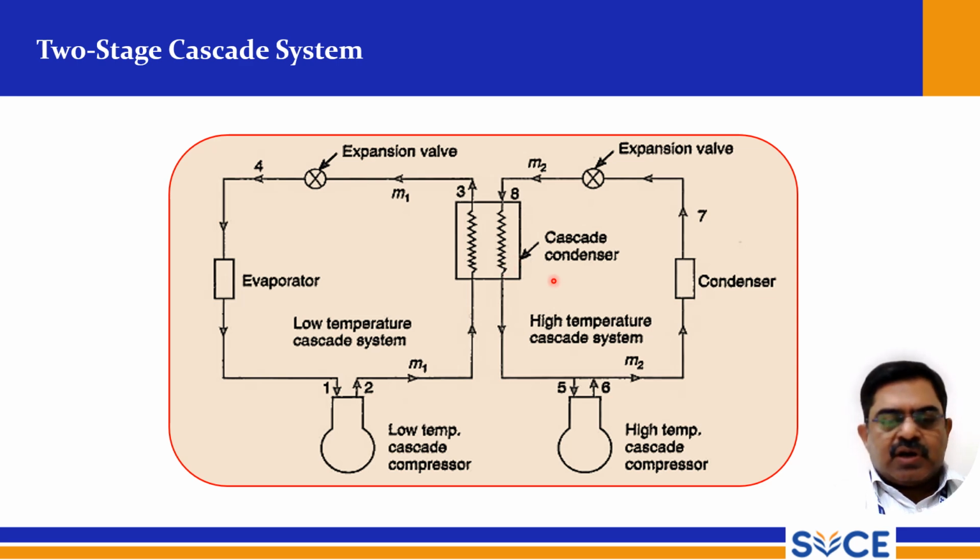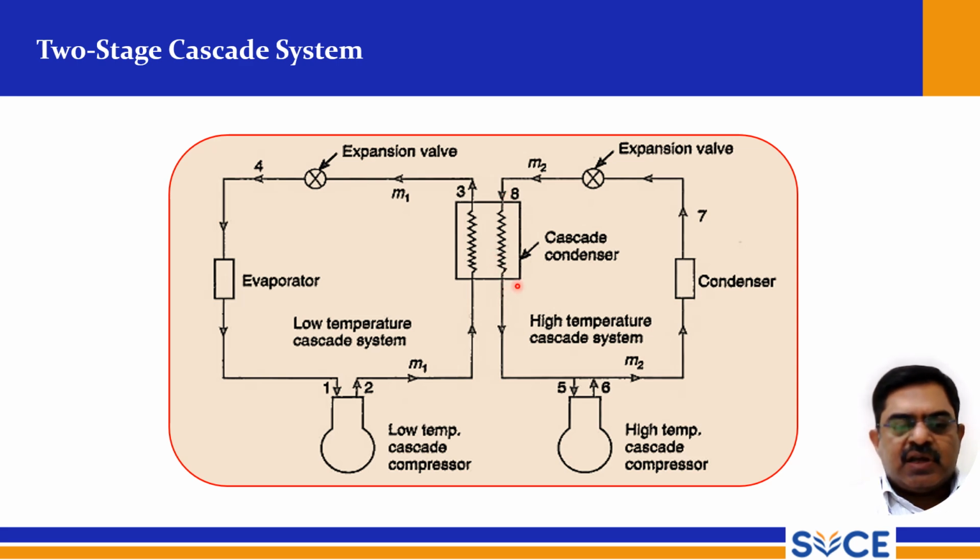Now here this is the first stage and this is the second stage. In the first stage, this condenser acts like a condenser, but in the second stage, the high temperature cascaded system, this condenser acts as an evaporator.